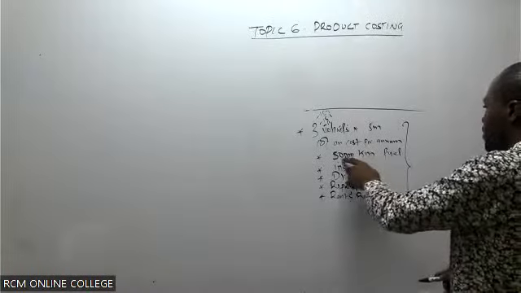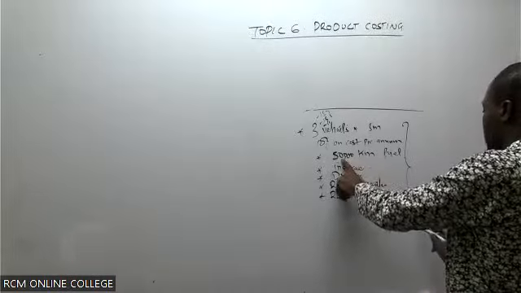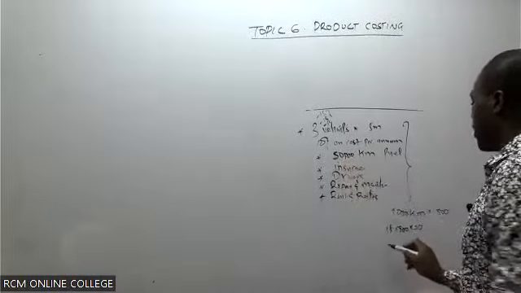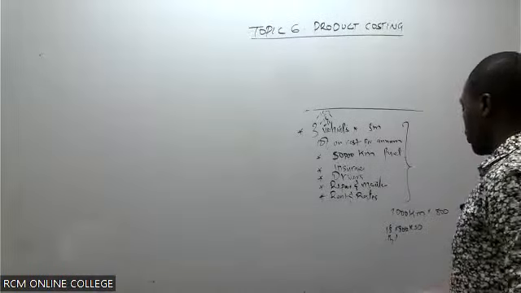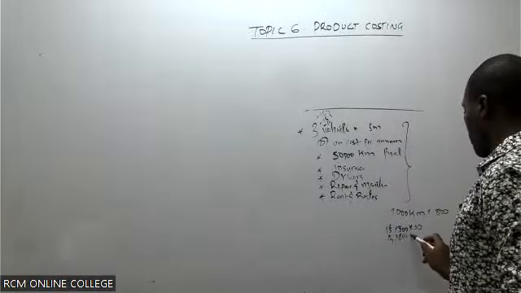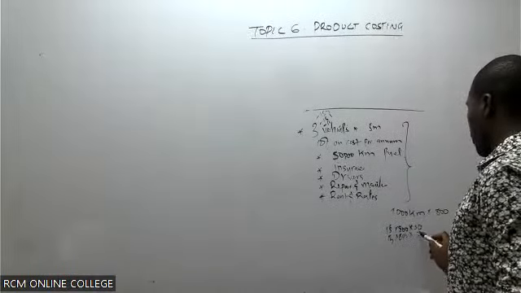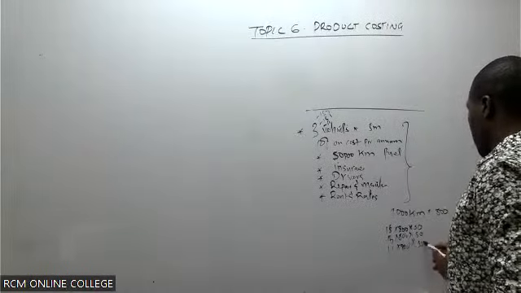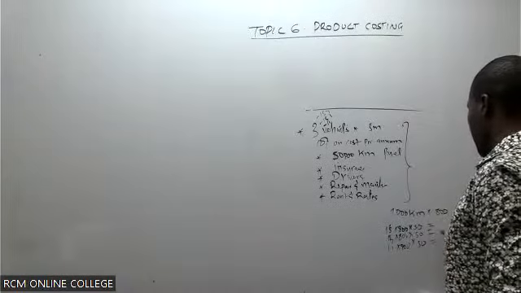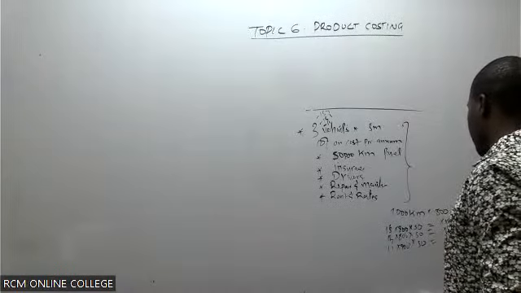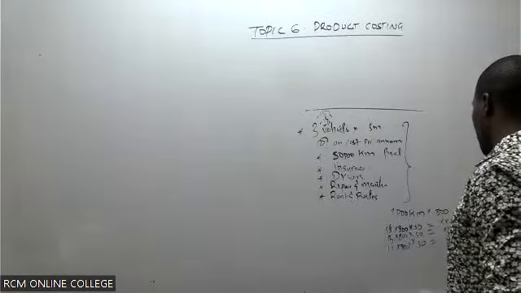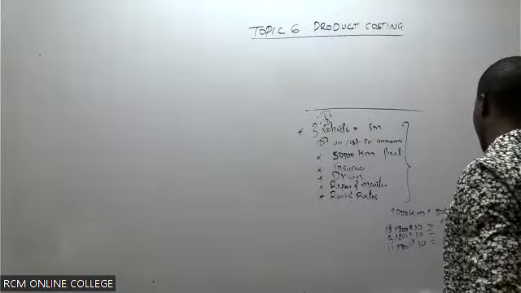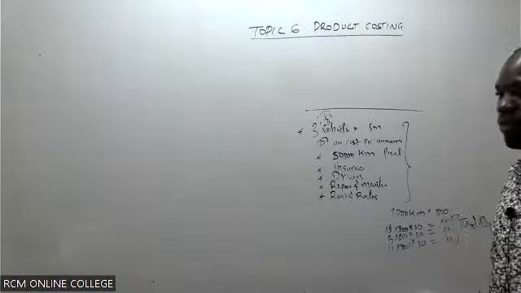So here we have 50,000 kilometers, which means we are going to multiply that by 50. The 13-seater, you are going to do the same. Whatever figures you're going to get here represent the total revenue or sales.